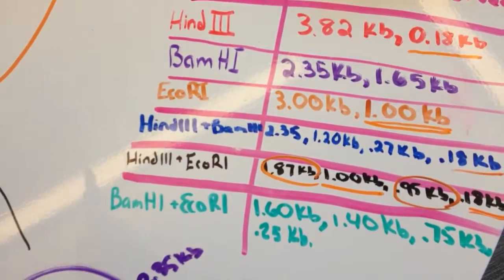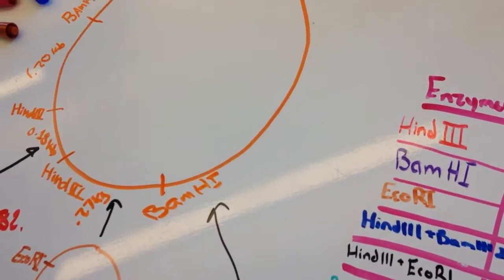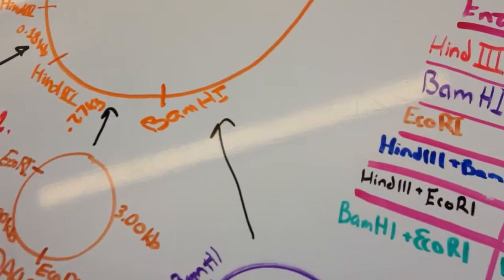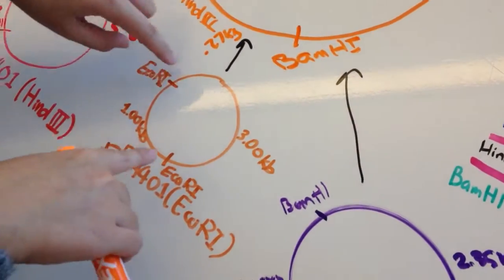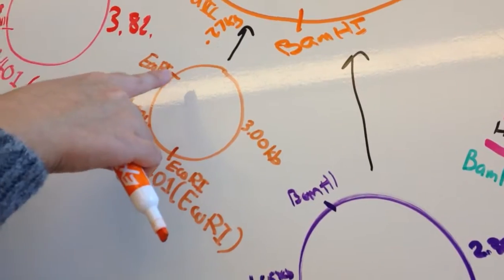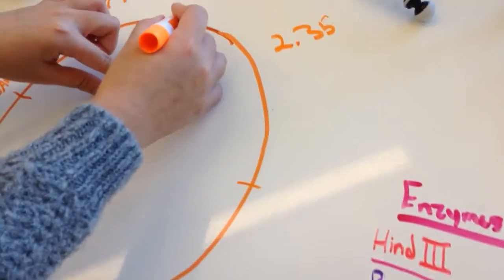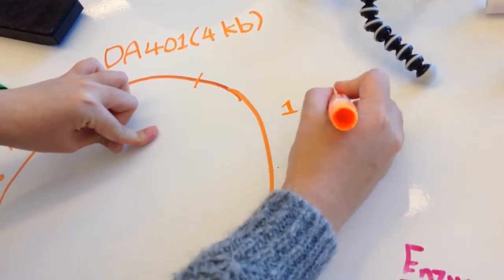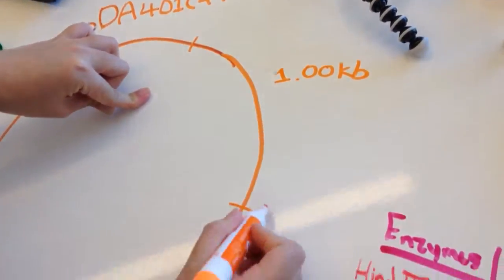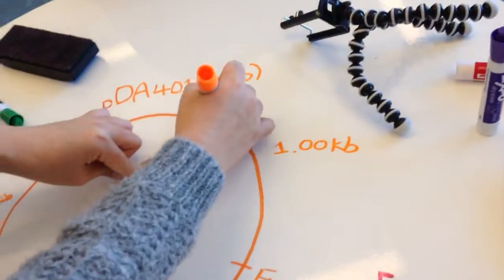So we know that when this is added to the plasmid, that cut is not going to be affected by other restriction enzymes. But because we need one long kilobase here, we're just going to flip this and then make this one be 1.00 kilobase, and these two will be EcoR1 restriction sites.